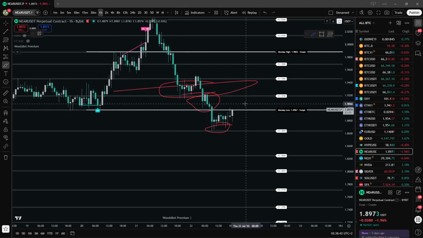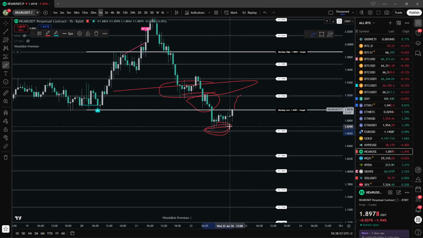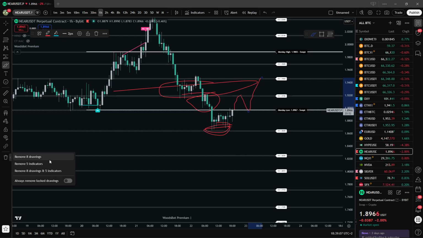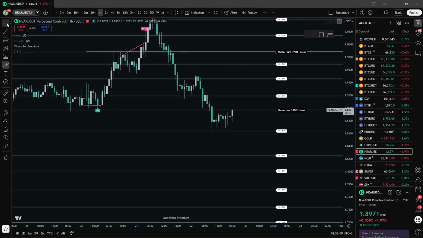I think the best thing for you to do is, if price action pushes up into the 1 hour supply around 1.92, you can move your stop loss towards these lows. This would be my play. And then probably Near is going to reject a bit, retest the Monday low, and if it confirms the retest, this should hold, and then push a bit higher. But yeah, this is what I would do if I were in your position.